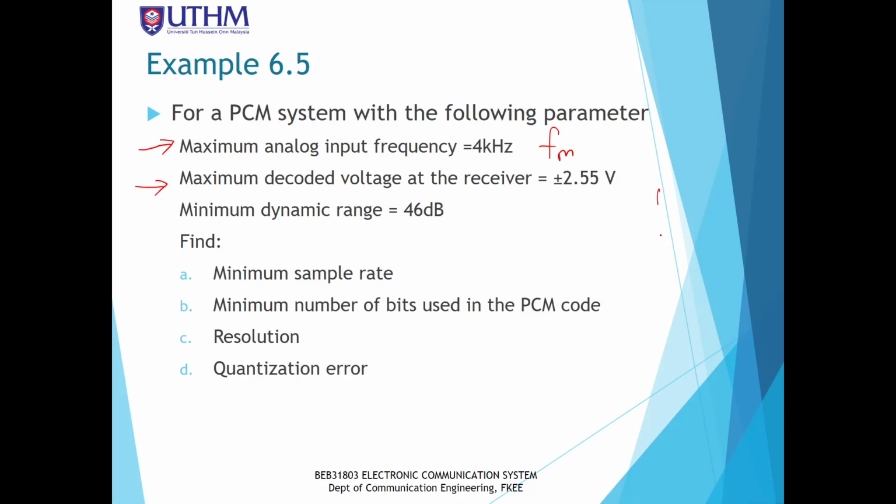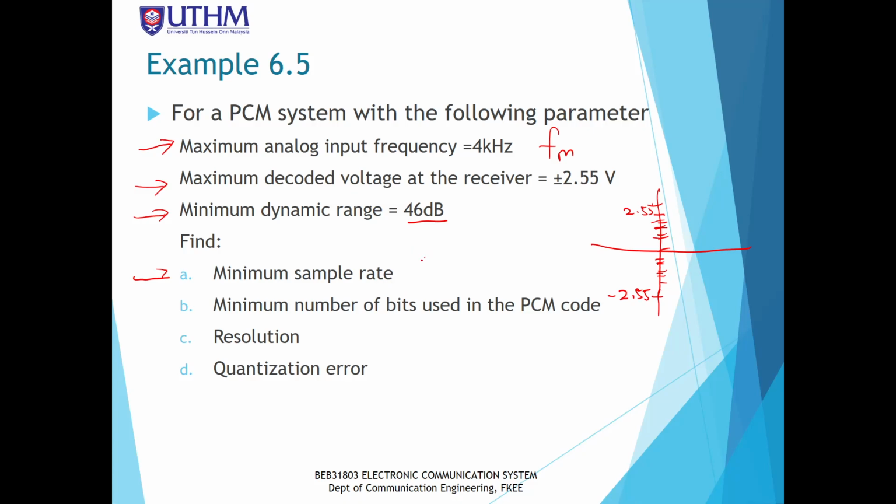That means the quantization range is from 2.55 until minus 2.55. These are the quantization levels of voltage, so there are going to be a few levels of quantization. And the minimum dynamic range, minimum DR, would be 46 decibels. Then find the minimum sampling rate.